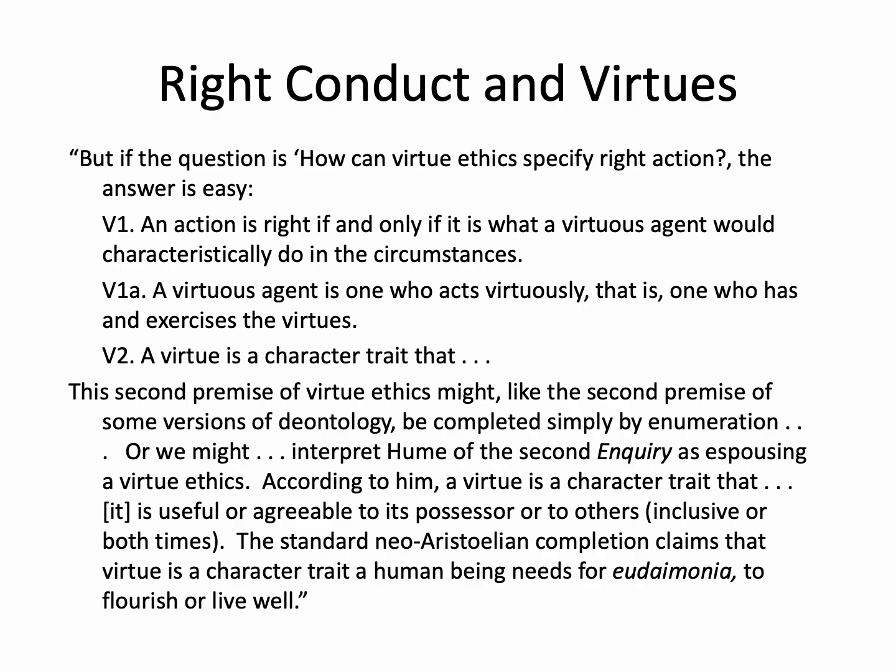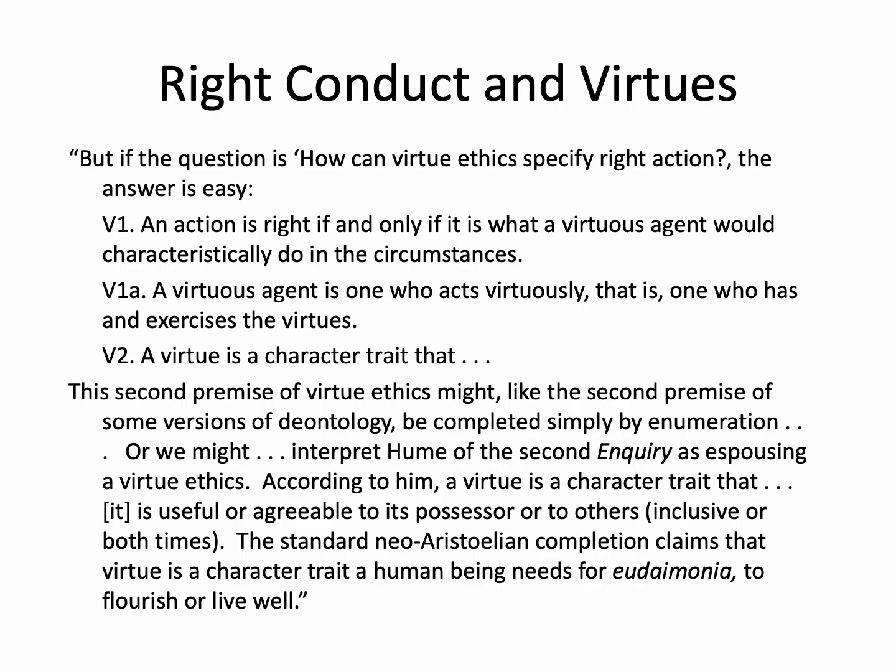And then a virtue is a character trait that, and again, depending on which version of virtue ethics, you might fill that out differently. So, as she notes here, the second premise of virtue ethics might, like the second premise of some versions of deontology, be completed by simple enumeration, or we might interpret Hume of the second inquiry as espousing virtue ethics. He was a sentimentalist, but also thought about virtues. According to him, a virtue is a character trait that is useful or agreeable to its possessor or to others, right?